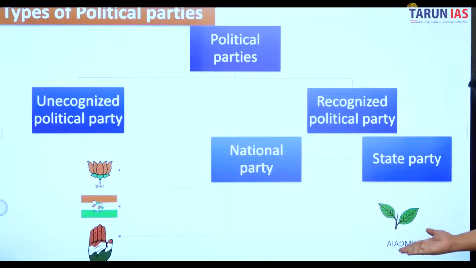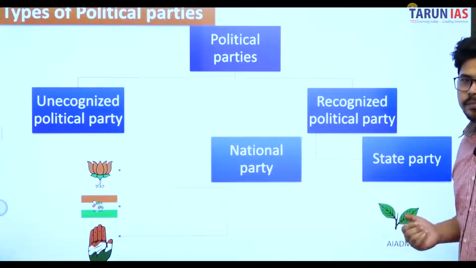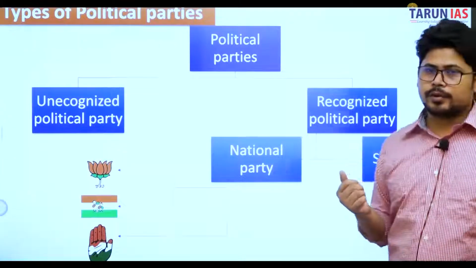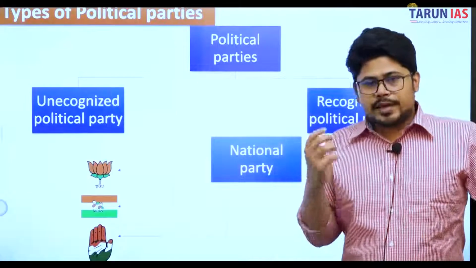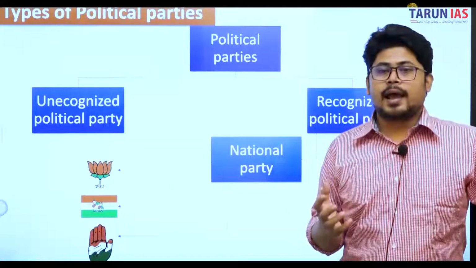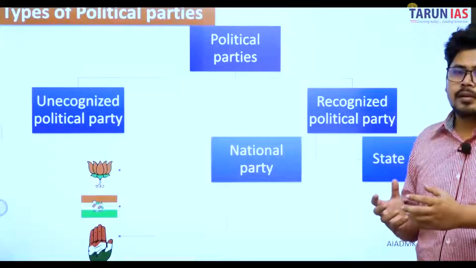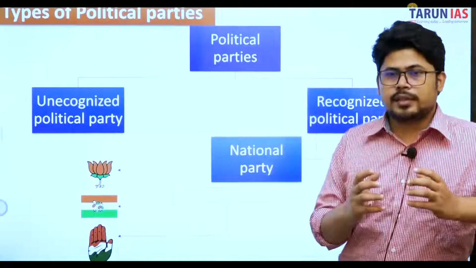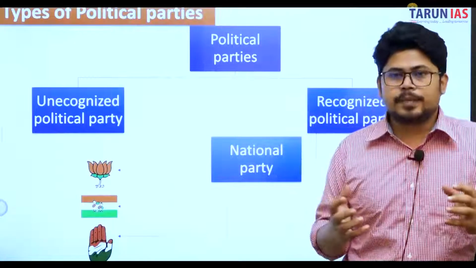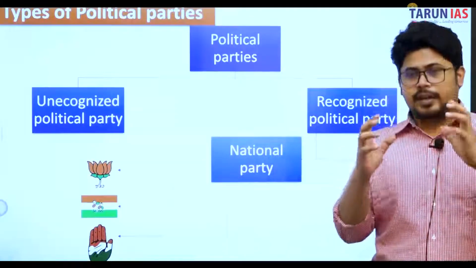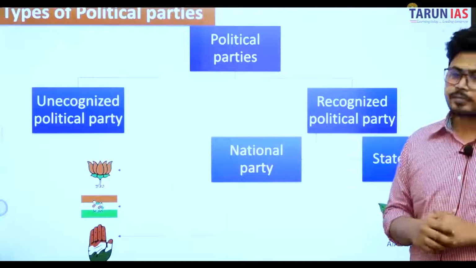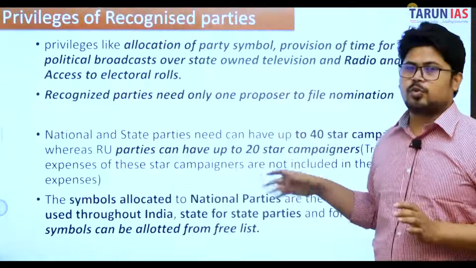Another example, AIADMK, All India Anna Dravida Munnetra Kazhagam, is a state party in Tamil Nadu. State parties and national parties have different privileges because of the different kind of recognition given to them. We'll be looking at what privileges they get.